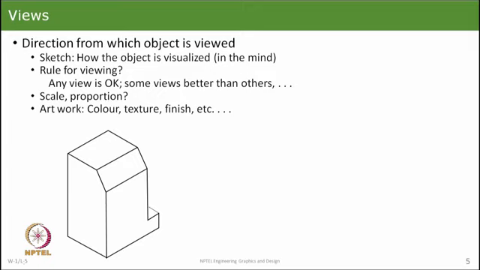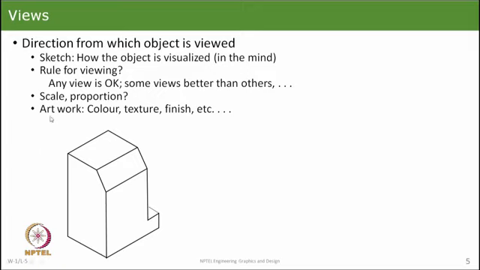Now, there are infinite number of directions from which we can look at an object, and that would mean that we could present lots and lots of aspects of that picture. That could make too many drawings, that is not possible, and so we have to decide which is the best way to convey all the information about the object and have a small set of views, maybe one, maybe two, maybe three, maybe more.